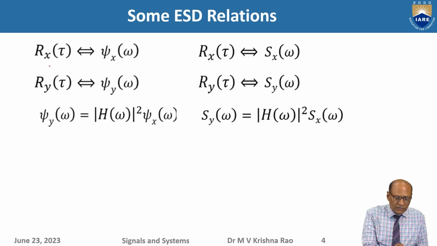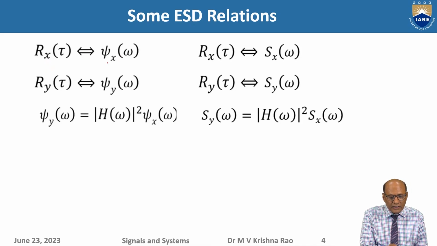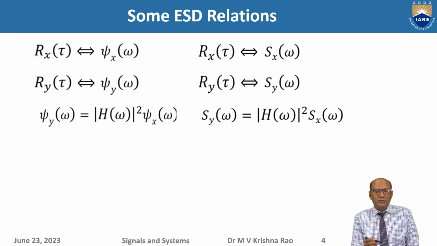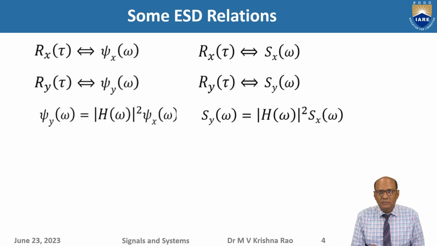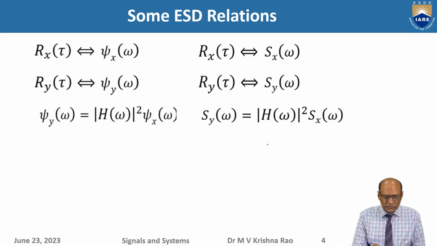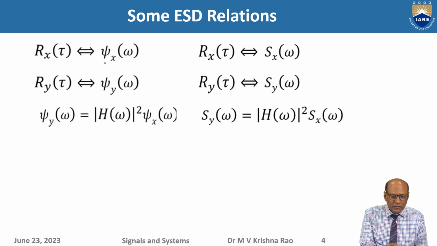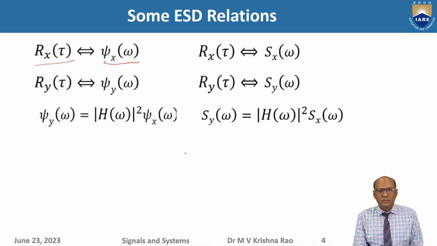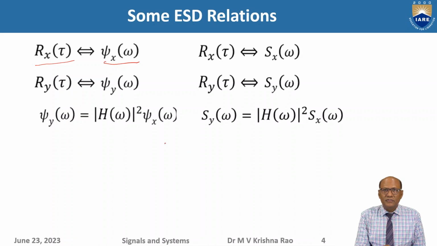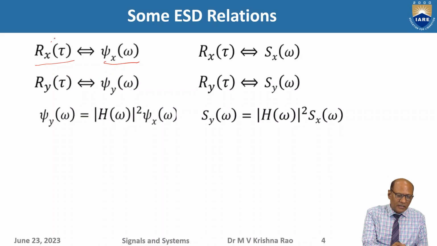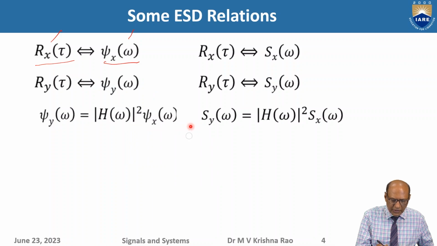This is the autocorrelation of the input signal, and the energy spectral density, sometimes called the energy density spectrum, and both are the same. The energy spectral density and the autocorrelation of the input signal both form a Fourier transform pair, because this is a second order quantity and this is also a second order quantity.